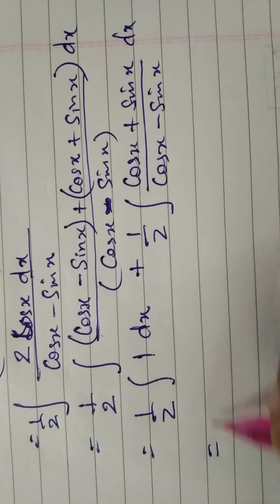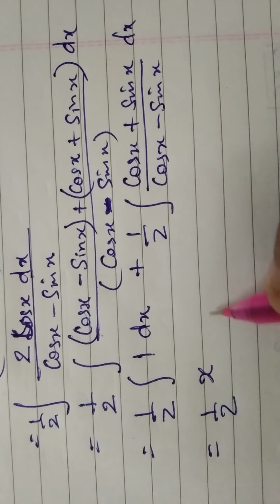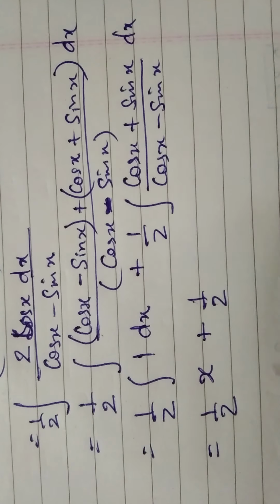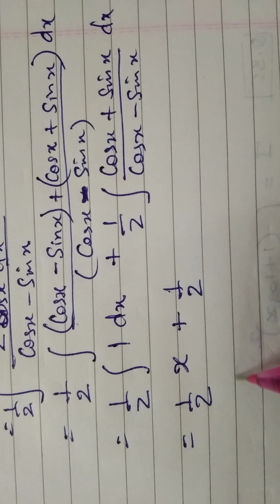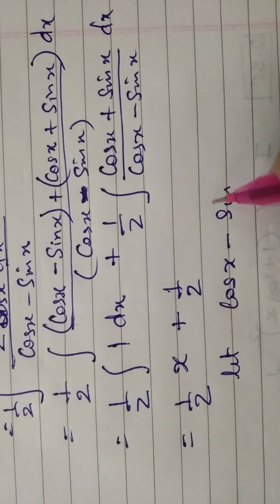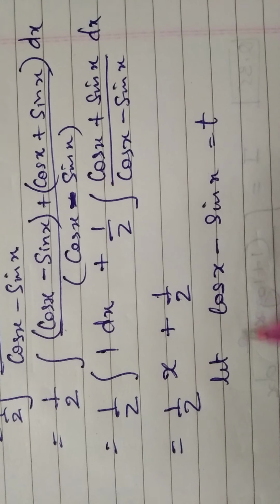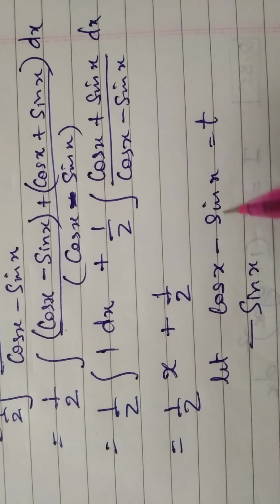Now the first term is very easy. 1/2 integral 1 is going to be x, then plus. Now for my second term I am going to do some substitution here. I'll say let the denominator cos x minus sine x be equal to t, and therefore I differentiate. Cos is differentiated as minus sine x, and minus sine as it is I have written.